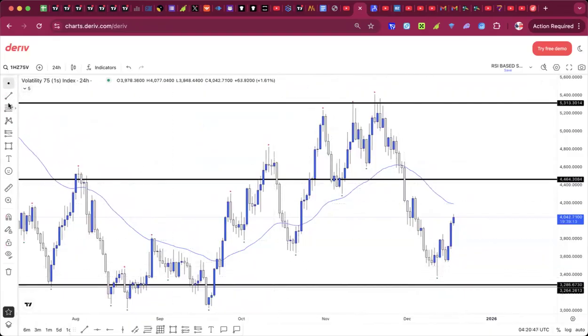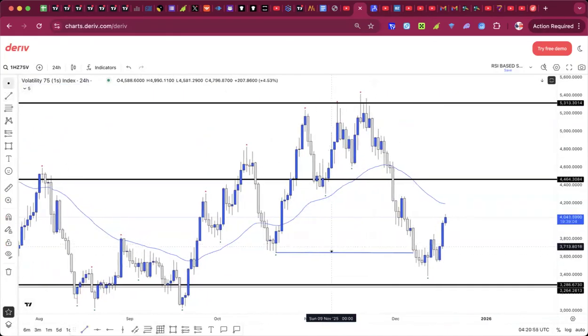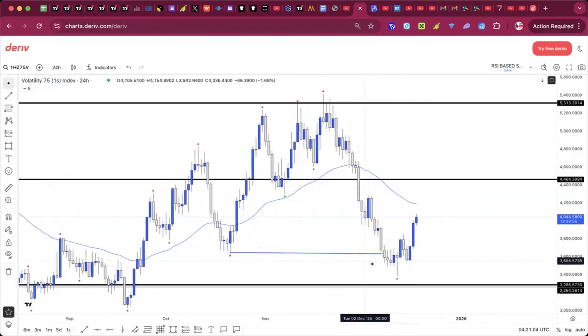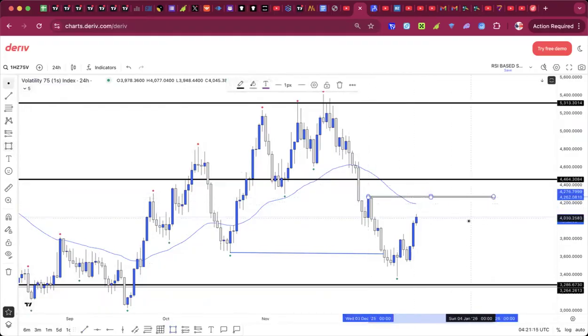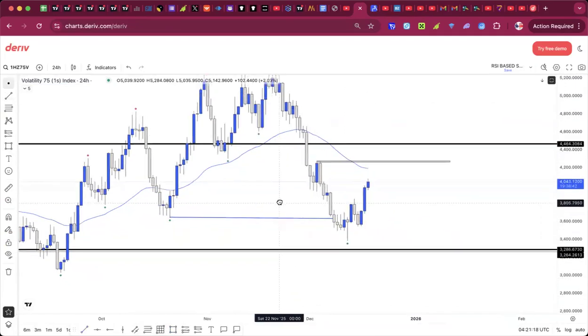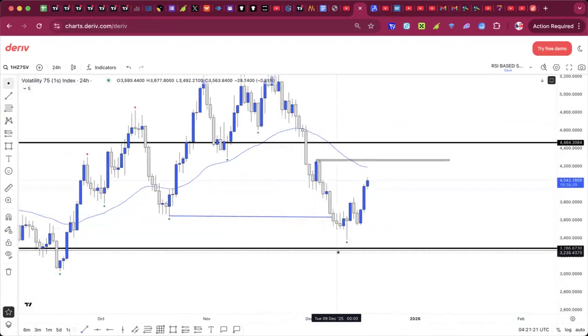So we have this as a support and then a sweep of that liquidity. Okay, so this is where it was broken from. Most times I just tag that point, so I will know what I'm looking out for. So we have the market crash, sweep liquidity, and create a new high.